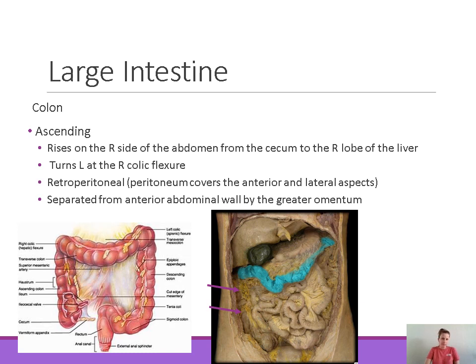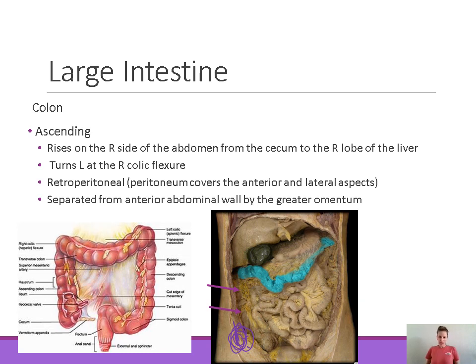All right, so continuing on, remember we're talking about the large intestine, and we said the large intestine begins at the cecum, which is tucked back, kind of posteriorly, towards the back of the body a little bit, right in that right iliac fossa.